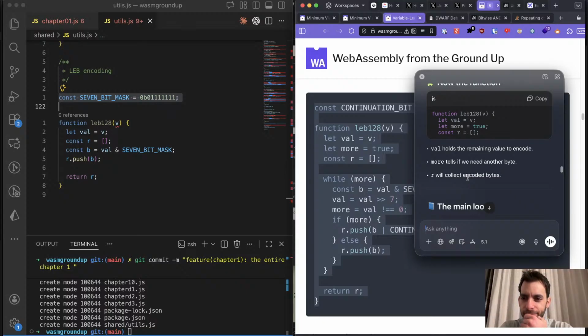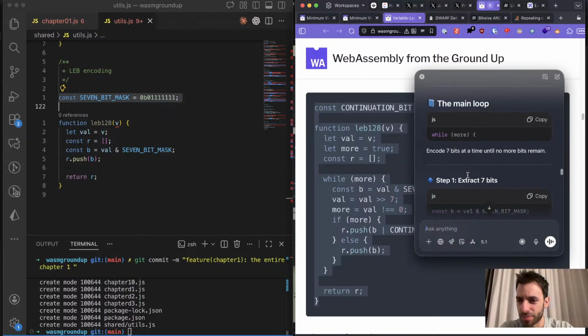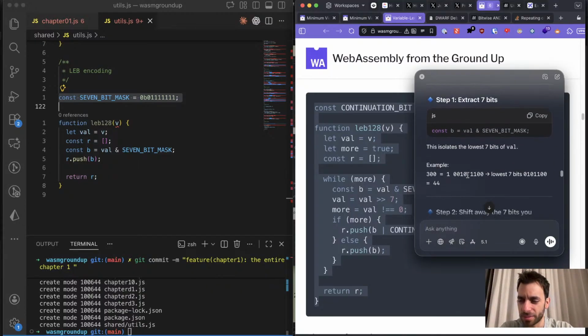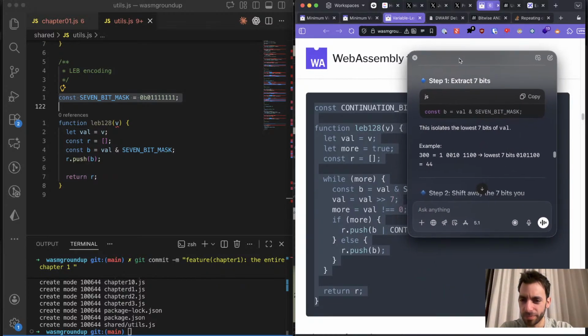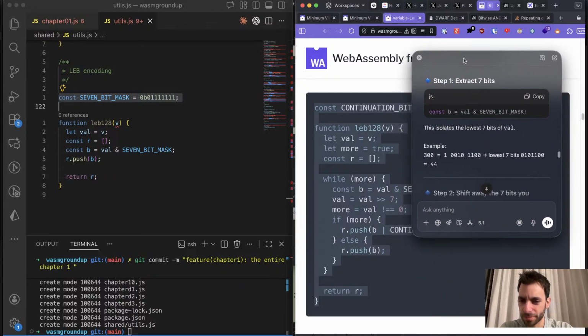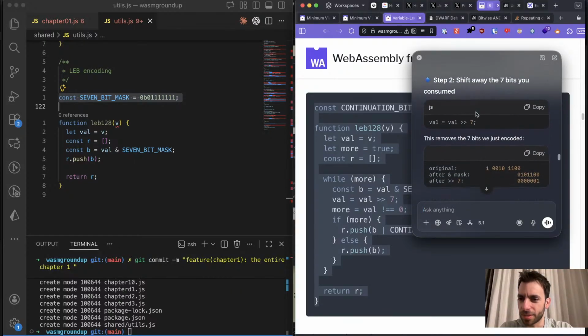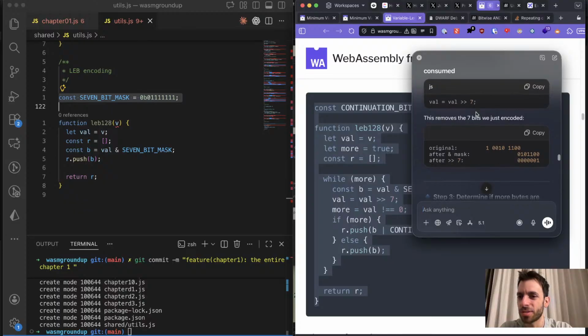More tells it we need another byte. R will collect encoded bytes. The main loop. Okay, I understand. And 7-bit masks. Shift away. This removes the 7 bits we just encoded.